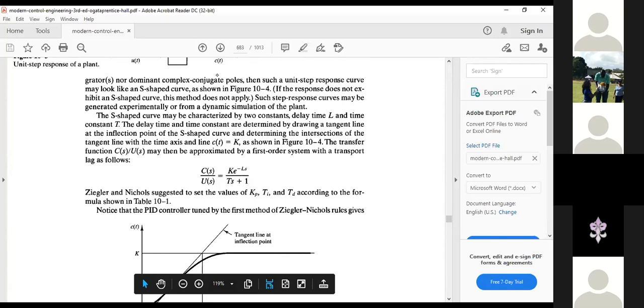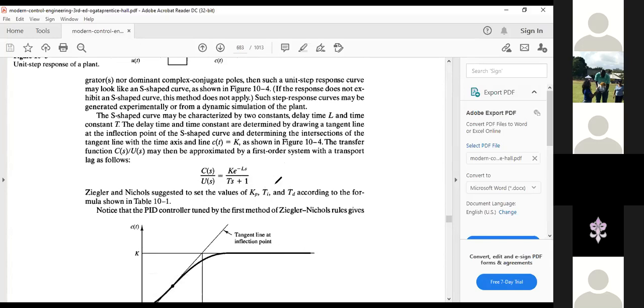So let us say that the system gain is K. The lag time is L. And T is the time constant of the system.